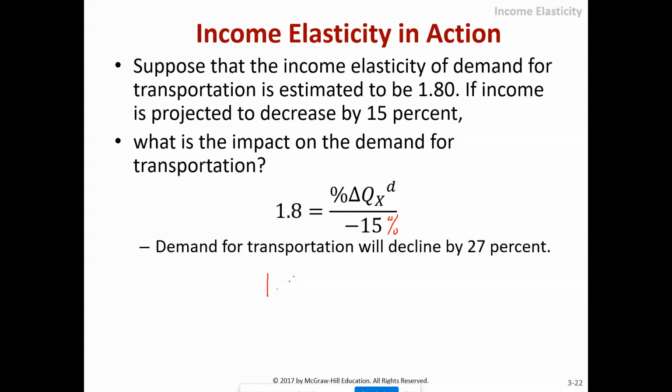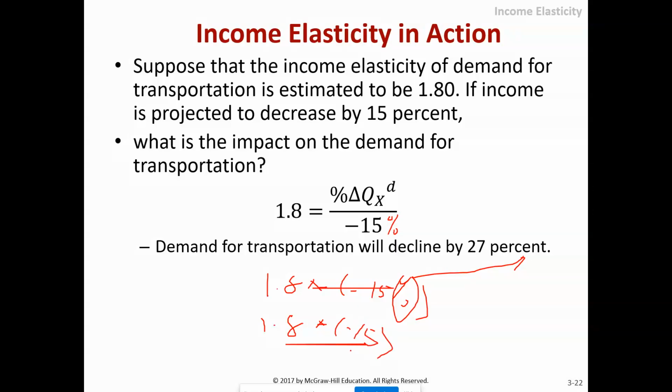Then the product, 1.8 multiplied by negative 15%. Okay, you just copy the percent sign over there. Only worry about 1.8 multiplied by negative 15. So I got negative 27%.